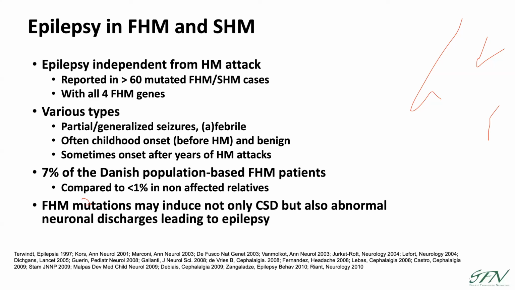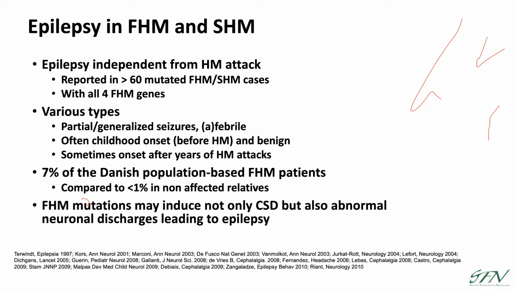And often epilepsy has a childhood onset, sometimes before the first attacks of hemiplegic migraine. And the epilepsy in these patients often has a benign outcome. That means that the children will have benign seizures between the age of 2 or 5, and then at the age of 8 or 10, they will begin to have hemiplegic migraine and they will stop having seizures.